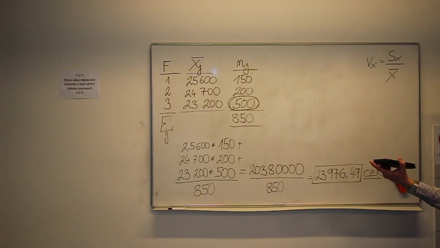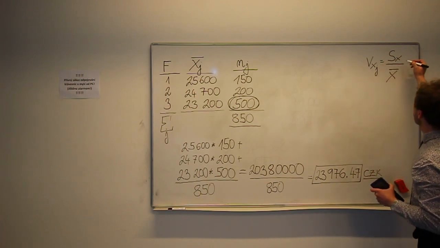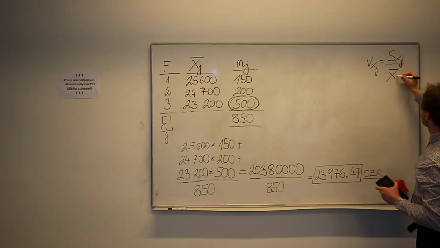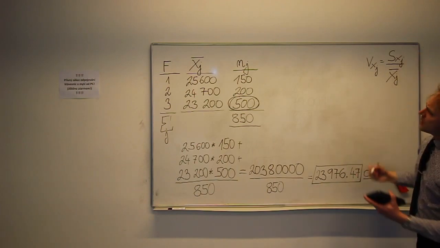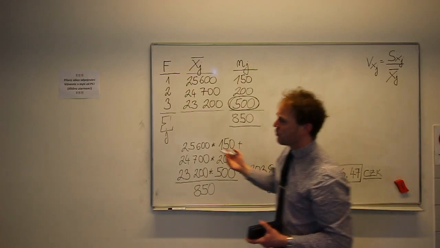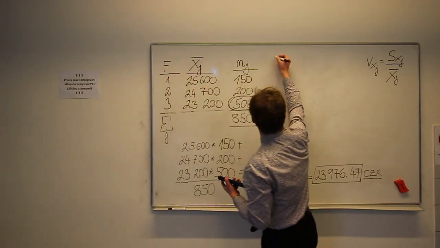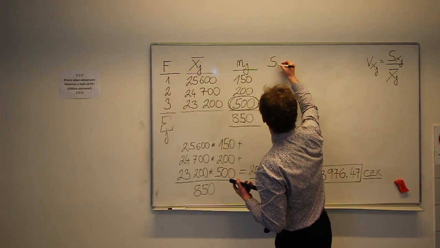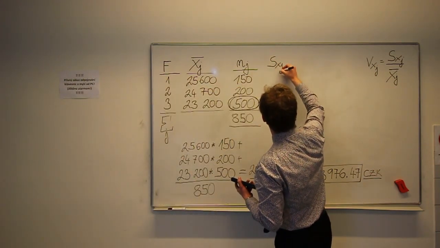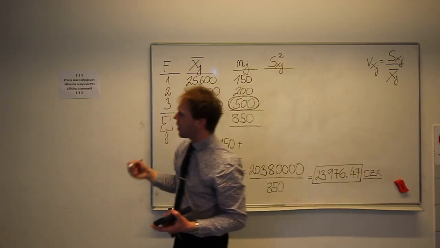In our situation we have 3 firms, so there will be j indices. What do we need? We have the individual variances, s_xj squared.